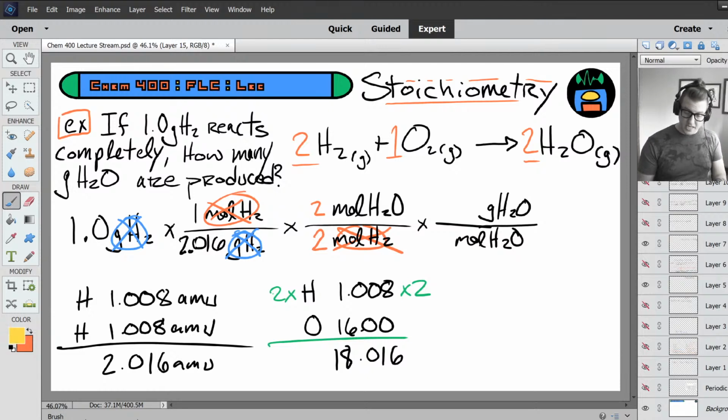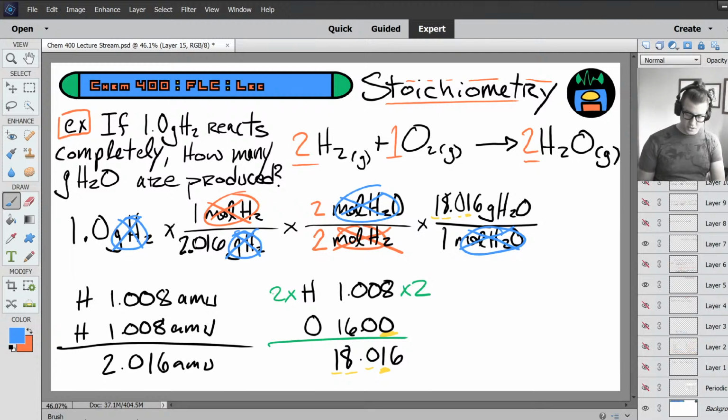Sig figs wise, using the numbers that I used, the last significant digit in this number is in the first decimal place. However, we always wait to round till the end of the calculation. So I'm going to put a line here reminding me that this molecular mass only has 4 sig figs, but I'm going to wait to round it till the end of the calculation. All right, moles of water cancel moles of water.